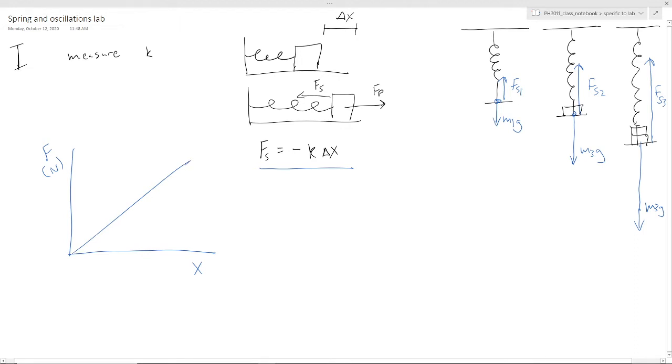And depending on how you set this up, if you subtract off the initial height, then this would start from 0, or it might start somewhere else. The main thing being that the slope tells you k, the spring constant. And this has units of newtons per meter. And you can think of this as telling you basically how stiff the spring is.